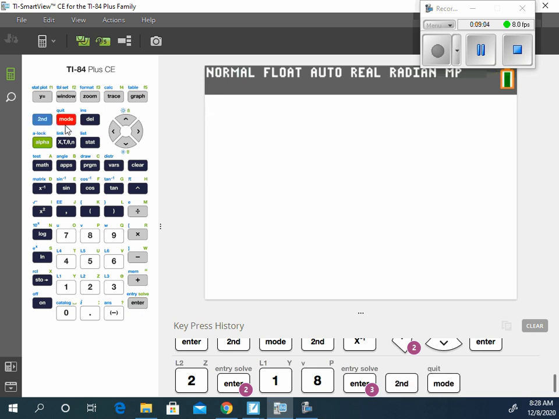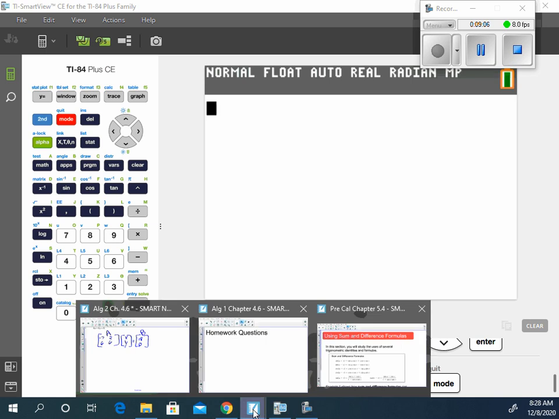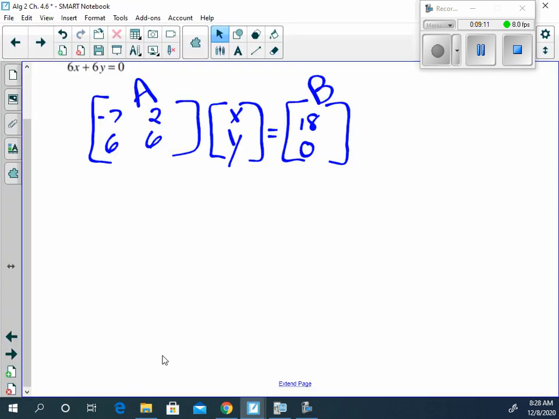Second quit. Okay. So we've done that, yes. Do I need to put the other matrix into the calculator? Well, no, it's just x, y. Those are our variables.